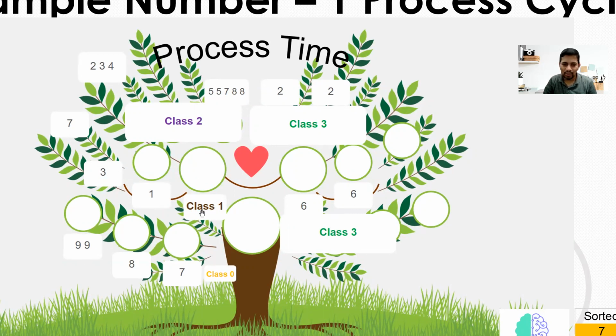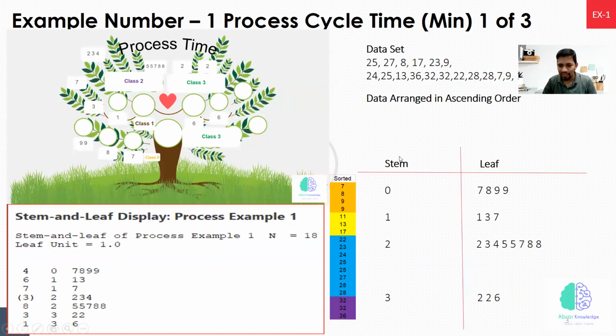Class 1: 1 and 3, and 1, 3, 7. Class 2: you have 22, 23, 24. And again 2: 25, 25 again, 27, 28, 28. And class 3: 32, 33 and 36, 36. That's how it has been split. You have a stem and you have a leaf. That's how it is connected.